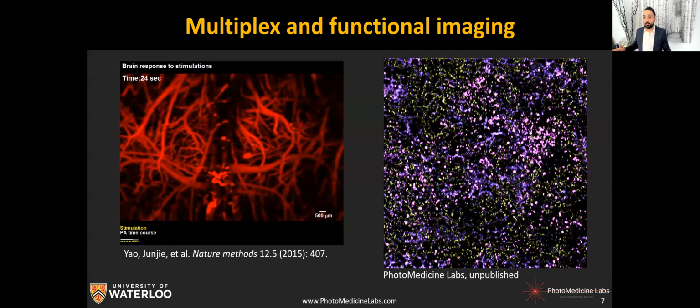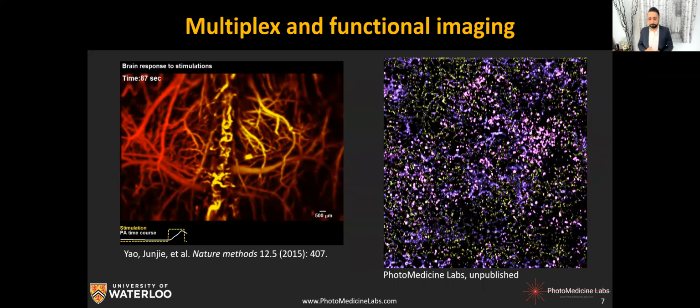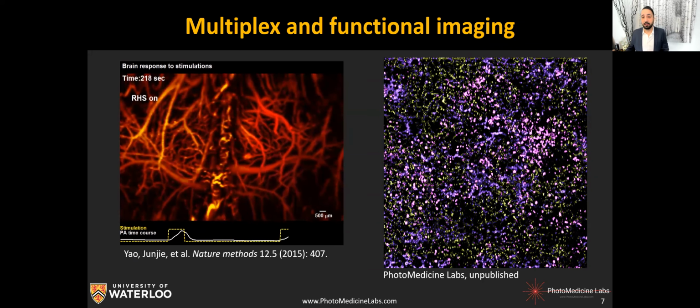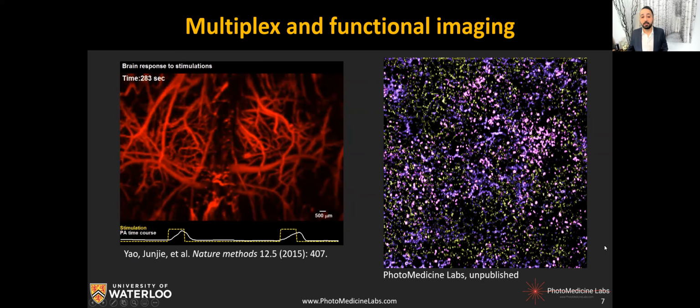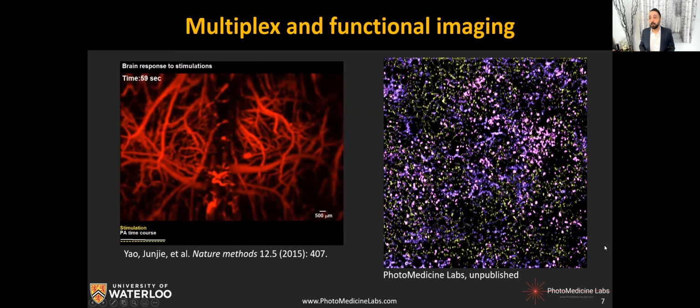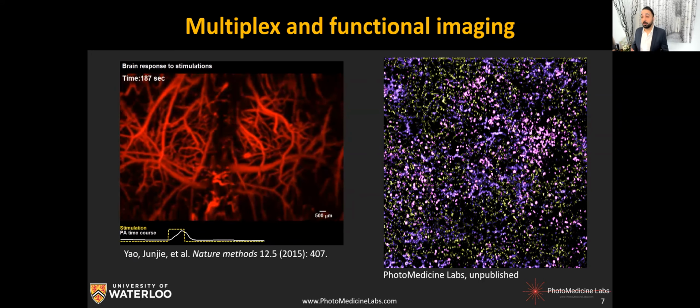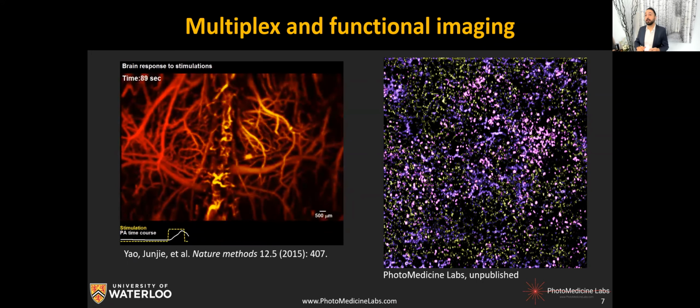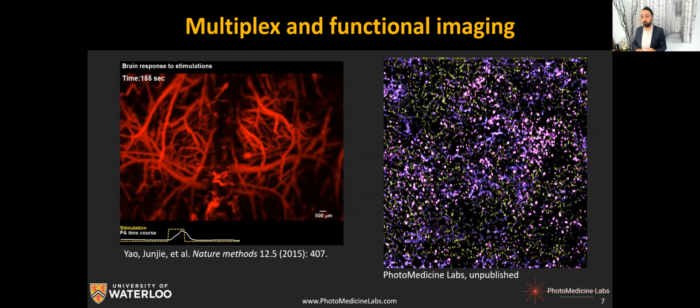So let's look at some examples. Here, in this image on the right, which is from our group and which I'm going to explain a little bit later, we took advantage of the DNA optical absorption, cytoplasm optical absorption, and oxy and deoxyhemoglobin optical absorption.